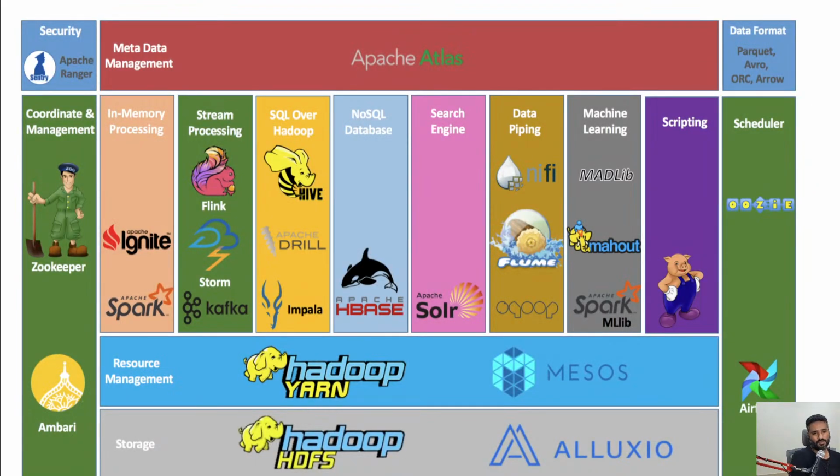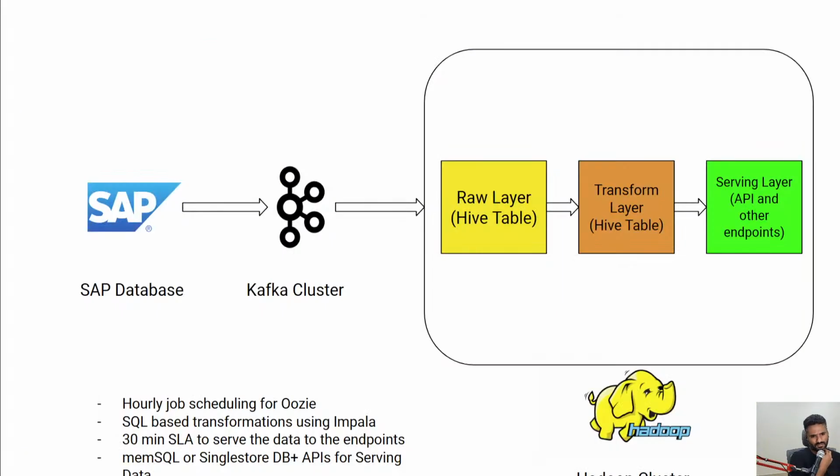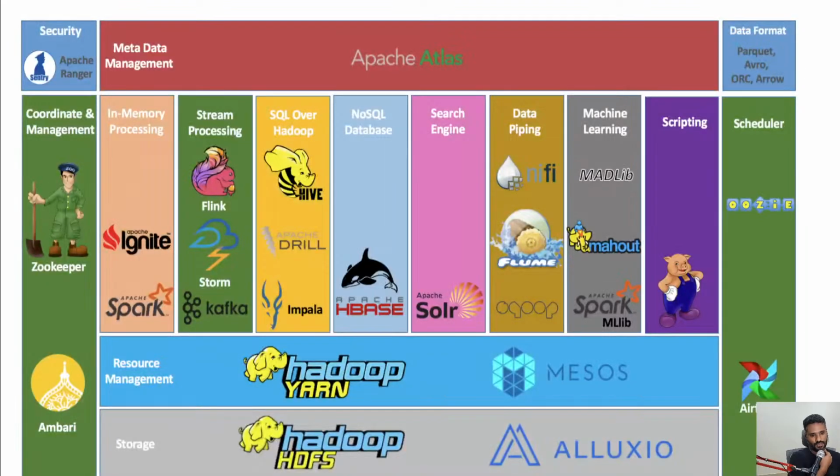Let's take a minute to discuss the Hadoop ecosystem. The Hadoop ecosystem came around in 2008, as we discussed in our last one. They had a lot of tools. The popular one among them is Spark. Kafka is an event or stream processing platform.